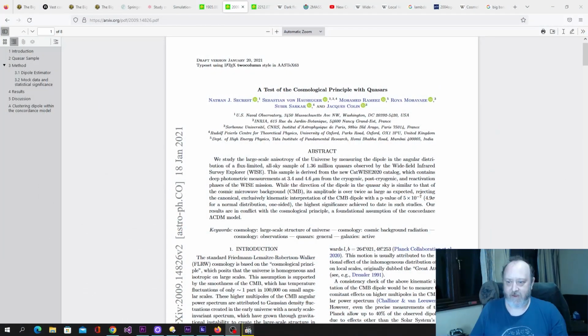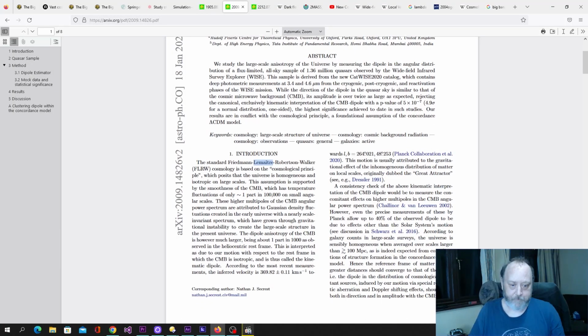Just to put this into context, the ideas expressed in this book are what gave rise to the FLRW metric, which is the cosmological solution that the Lambda CDM model uses.